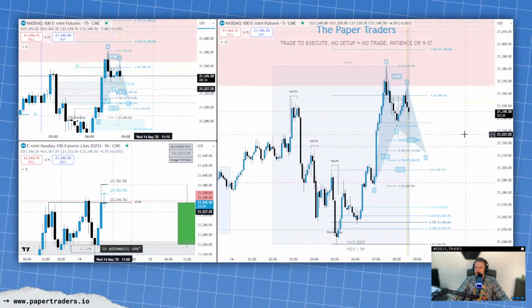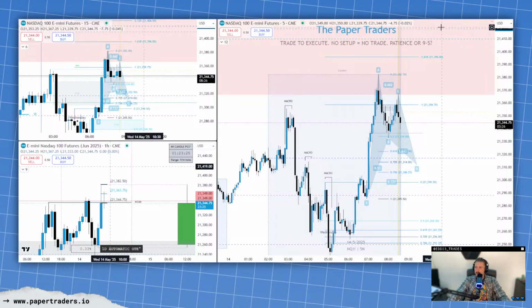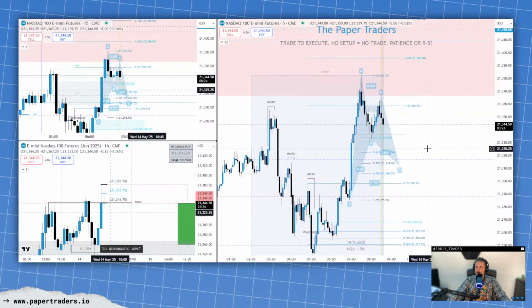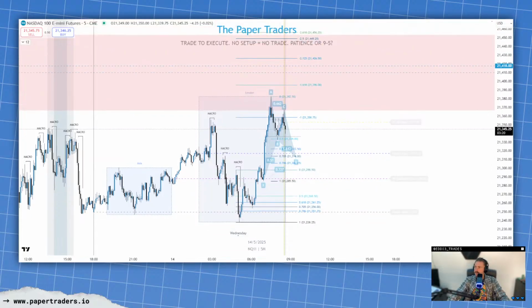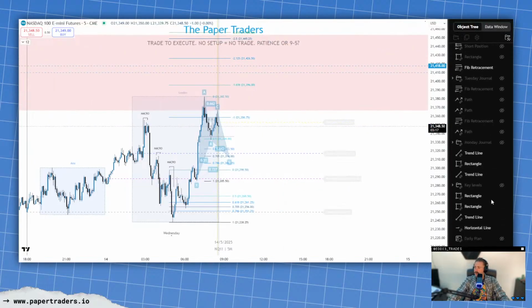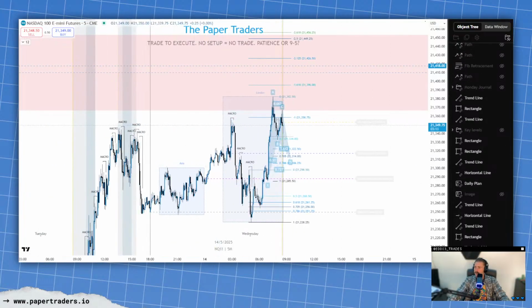We can possibly see an S&D day, so S&D is a seek and destroy model, right? So that's where it takes out both sides. Let me show you guys if I can find a little picture. Daily plan.